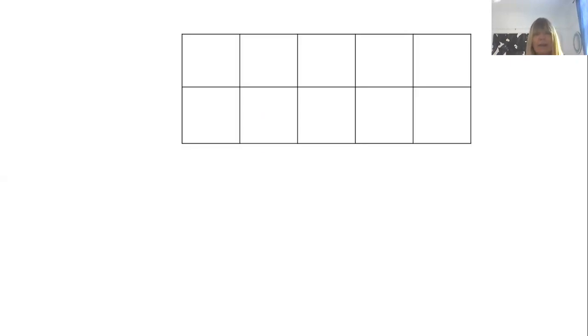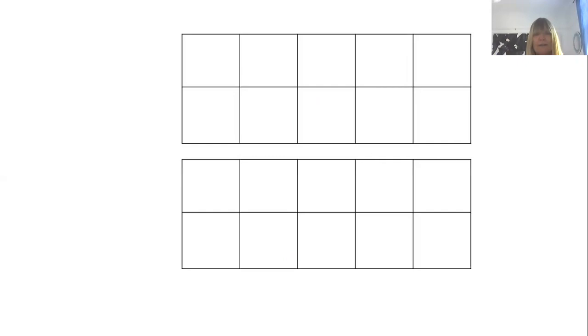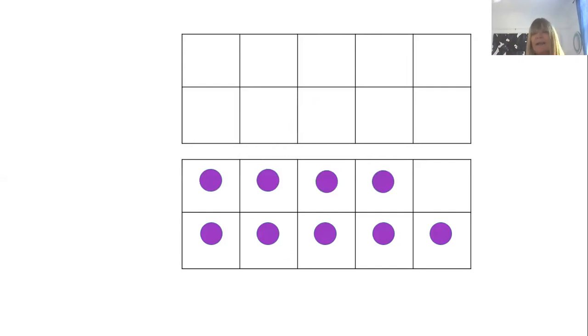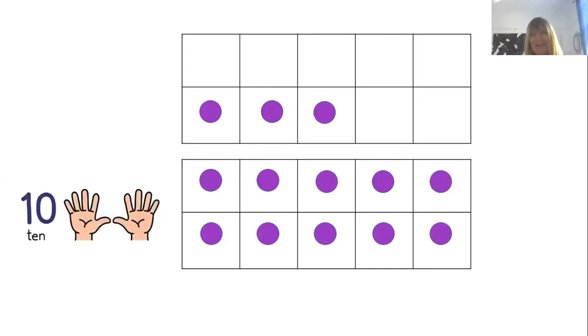Here are our 10 frames. We've got 2 today. 1 purple dot, 2, 3, 4, 5, 6, 7, 8, 9, 10, 11, 12, 13, 14. Well, 10 for that first 10 frame.